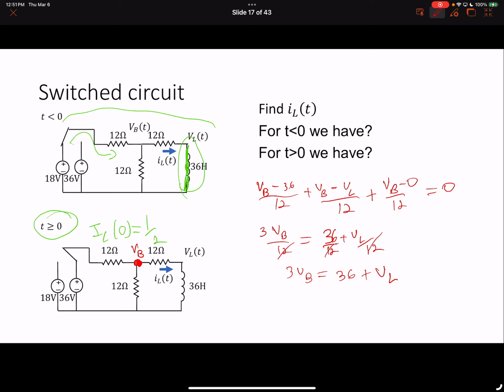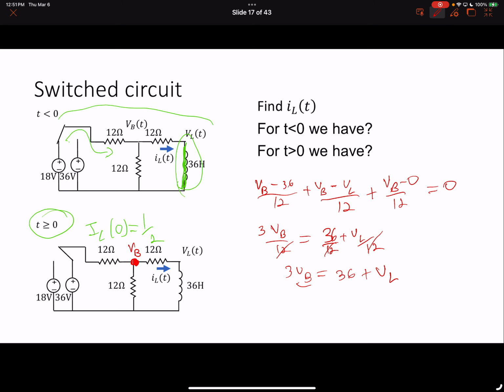All right, so now we need one more equation because we need to get rid of this VB. So what can we do here? VB. It's a node equation. It's vector loop equations.